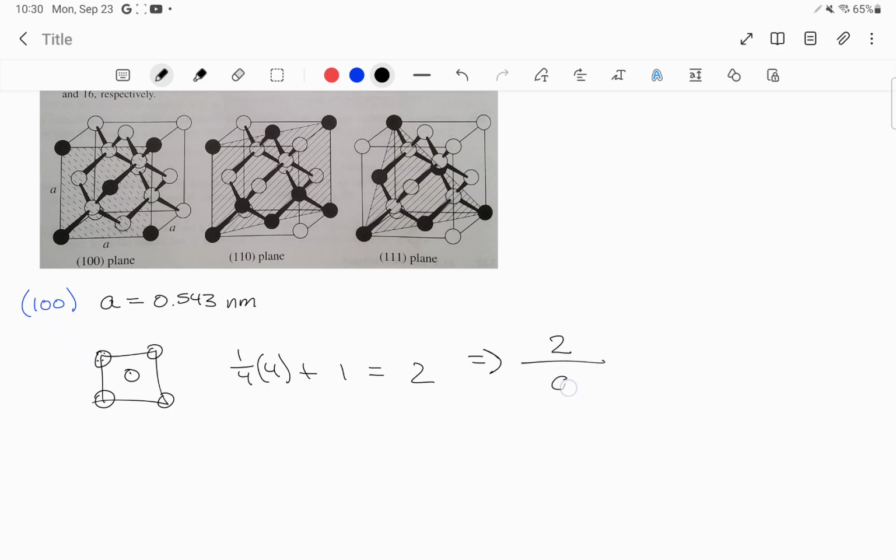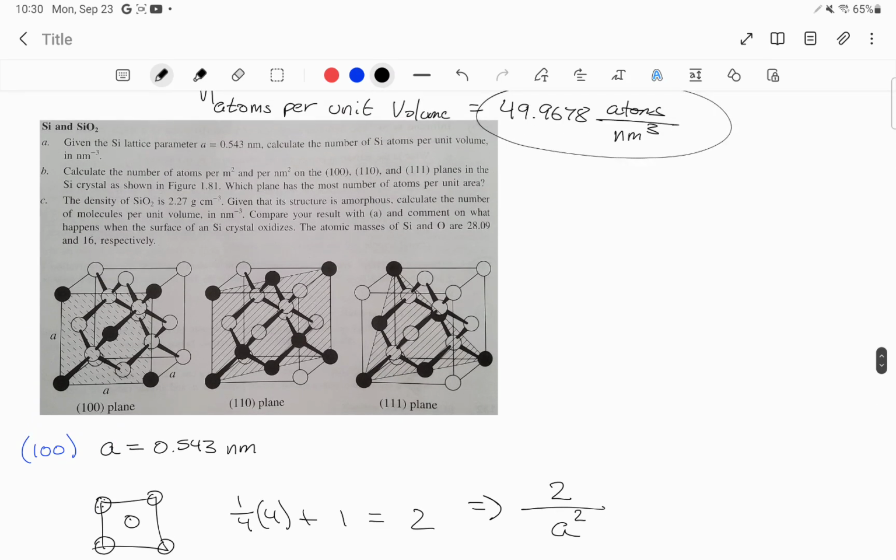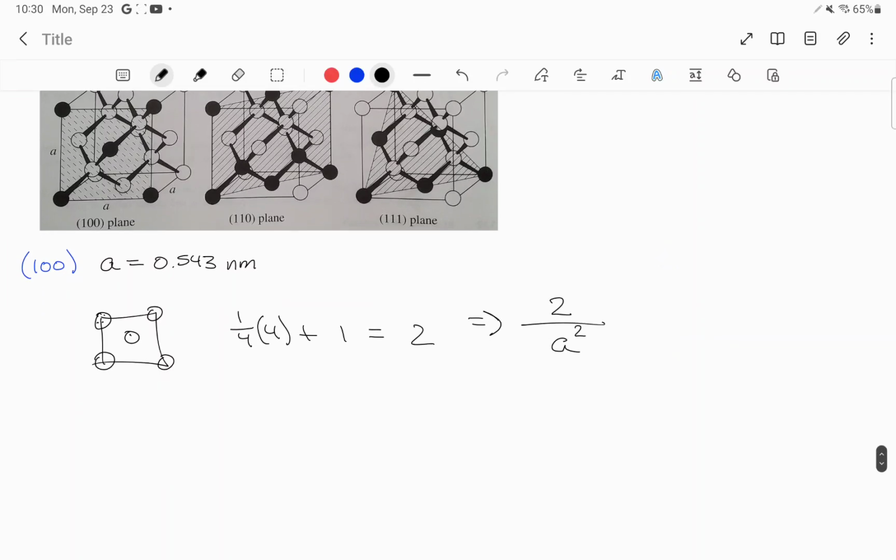So we're going to have 2 over a squared, because they want us to find the atoms per square meter. They're referring to area here.